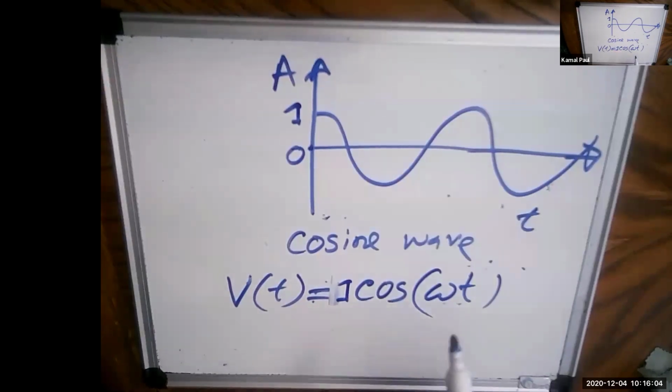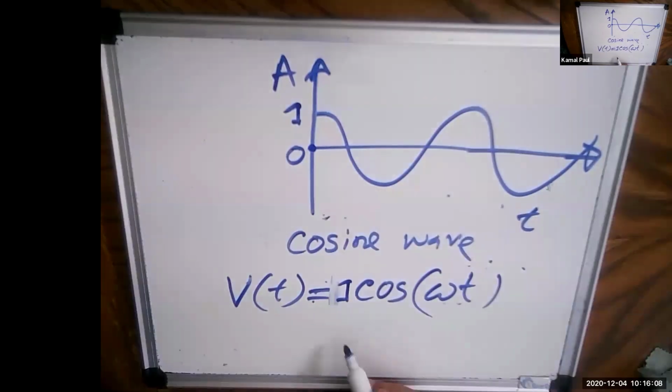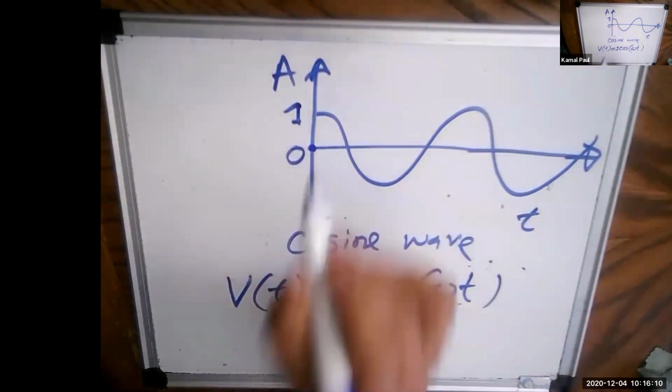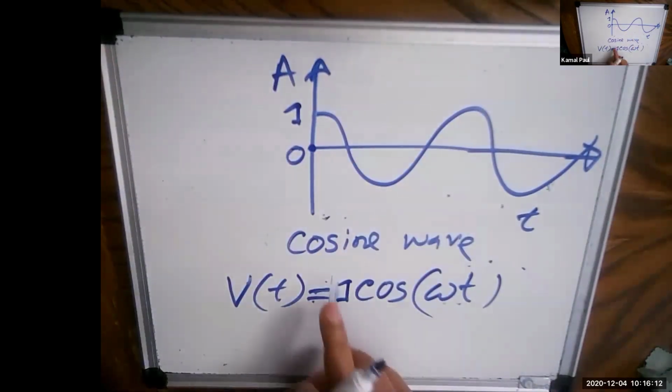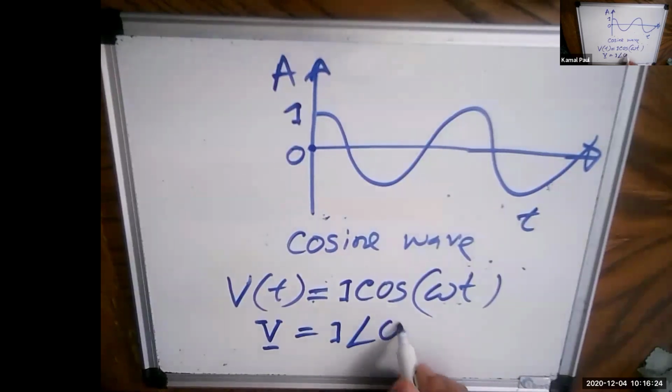If this cosine wave starts at 0, then cosine of 0 is equal to 1, right? Now we can also express this in another form, which we call phasor form, like 1 angle 0 degree.